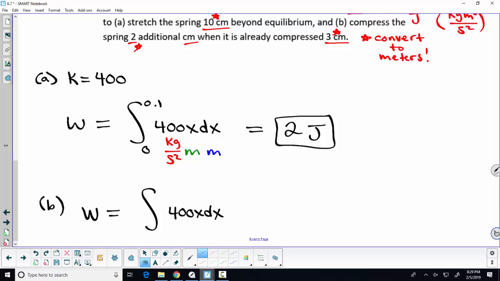So it's already compressed 3 centimeters, which is 0.03, but it's negative because that's indicating compression. So it's compressed 3 centimeters, and then we want to compress it an additional 2 centimeters. So now we're at negative 0.05.